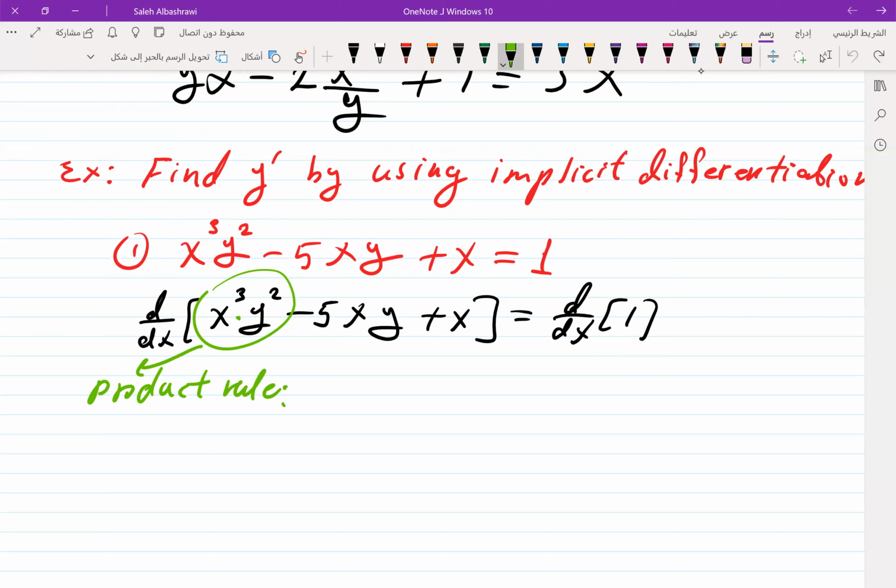By the product rule, it is f prime g plus g prime f. So I'm going to differentiate the first one, x to the power 3. The derivative is 3x squared multiplied by y squared.